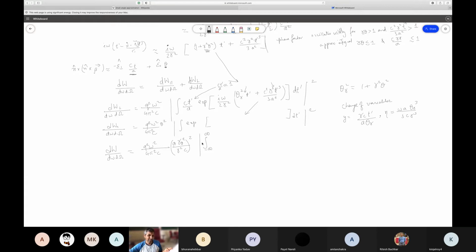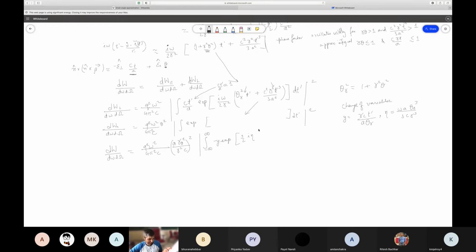So it doesn't matter if the limits of this integral are changed from minus infinity to infinity, although we have assumed Ct prime by a to be small, because the contribution of the integrand beyond gamma theta of order unity and c gamma t prime by a of order unity will be 0.